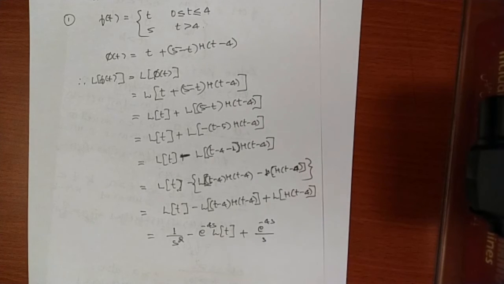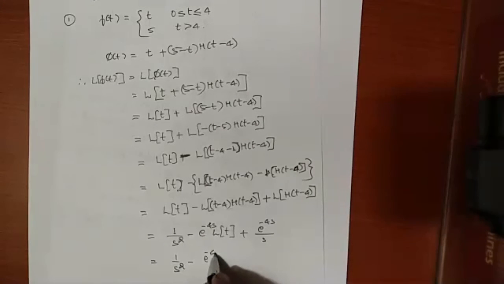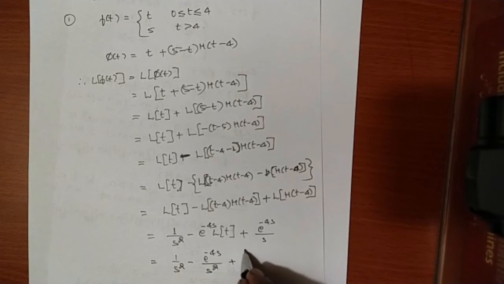This we have derived in the earlier class: L of h of t minus a is e power minus a s by s. L of t is 1 by s squared. Therefore this will be 1 by s squared minus e power minus 4s by s squared plus e power minus 4s by s.